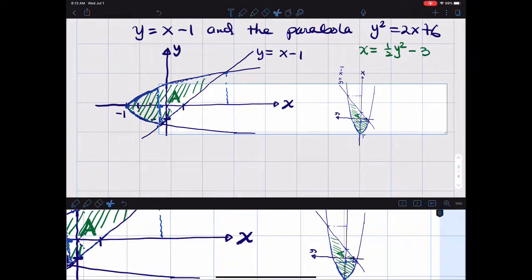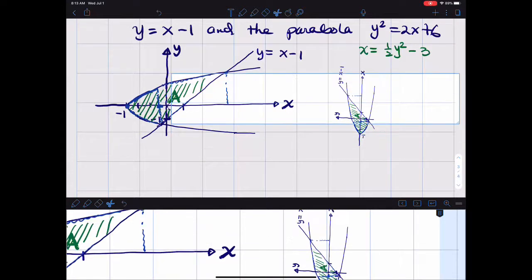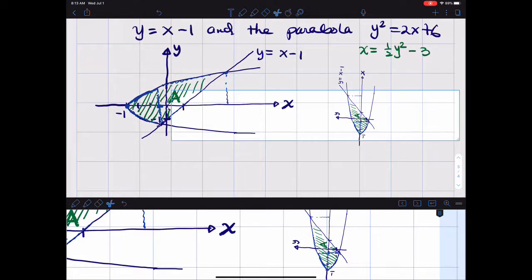But think about this: now your positive horizontal axis is on the left, and your negative horizontal axis is on the right.